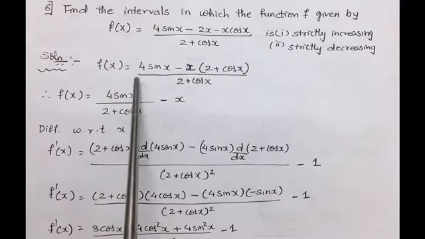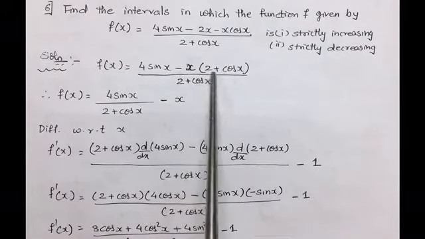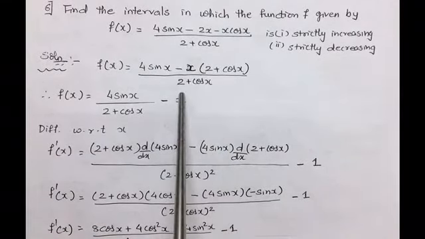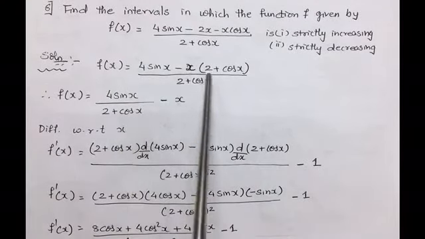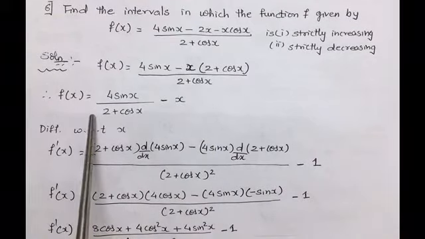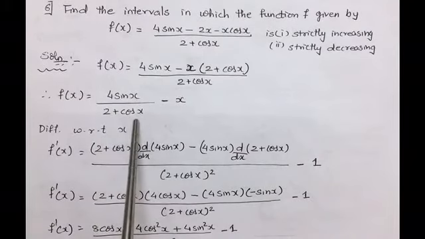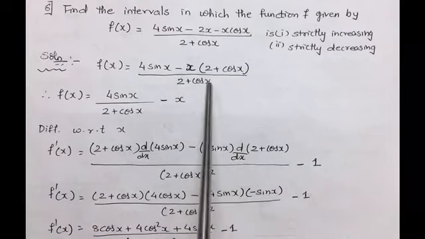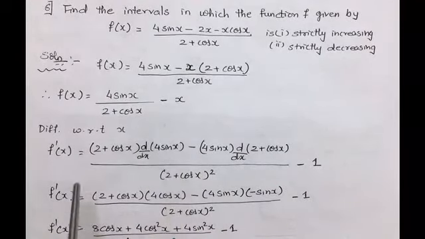So f(x) becomes (4 sin x - x(2 + cos x)) / (2 + cos x). Then dividing separately with 2 + cos x, f(x) becomes 4 sin x / (2 + cos x) - x, as the 2 + cos x for the second term gets cancelled and only x remains.